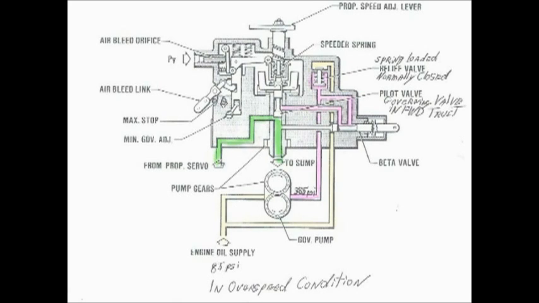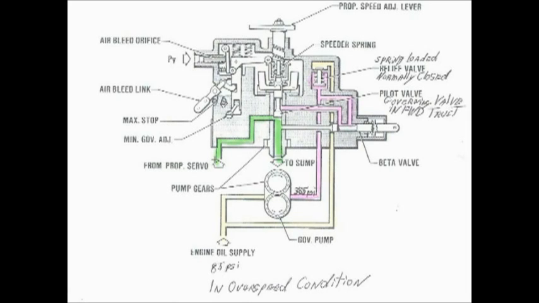Remember we talked about that they were going to call this servo in the near future of the presentation. So our servo, remember, is a shiny stainless steel cylinder in front of the propeller, and inside it has a piston that goes back and forth.